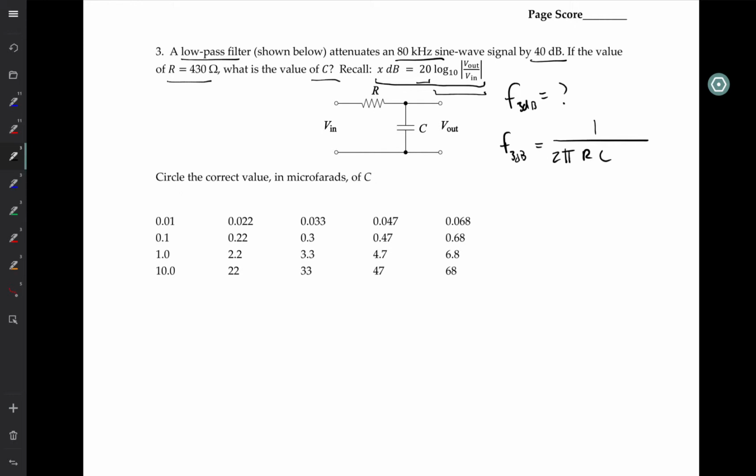A single factor of 10 in V out over Vn is a logarithm of 1. And if V out is smaller than Vn by a factor of 10, the logarithm is minus 1. So I know that 40 decibels implies that I've got 2 decades.